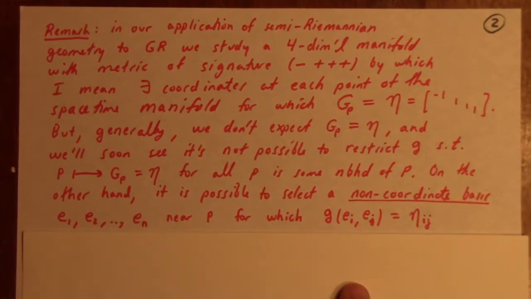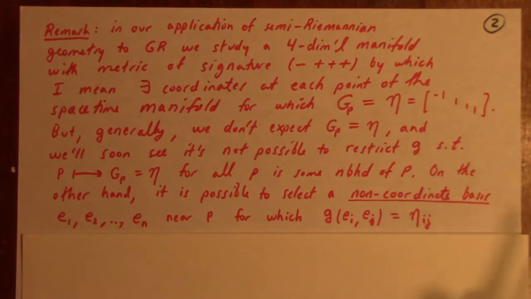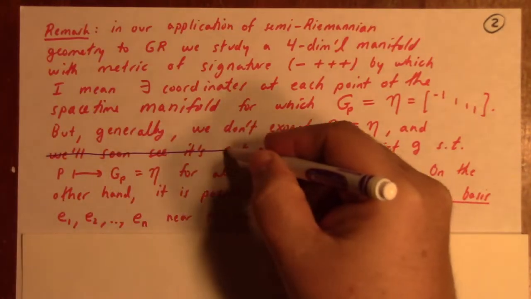It's not possible to restrict g such that, for all p. Let's not say some neighborhood. Let me dial that back a bit. It's not possible to restrict g such that, well, no, I just think that that's incorrect. I think we'll soon see that it is possible.